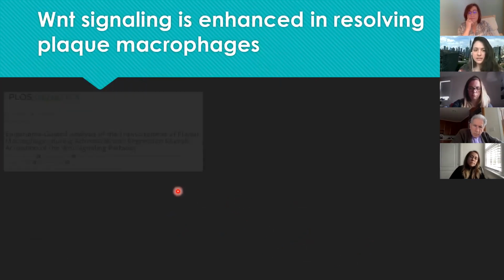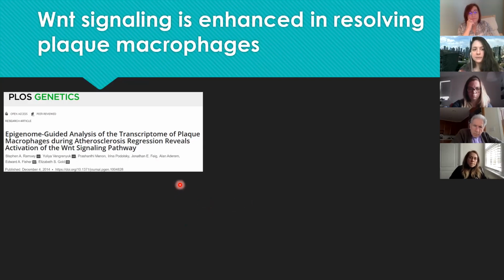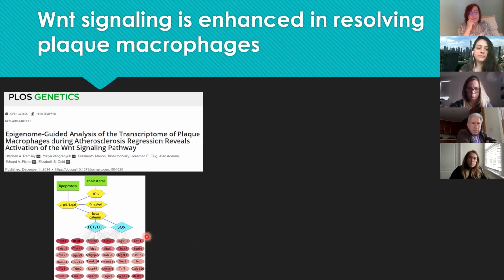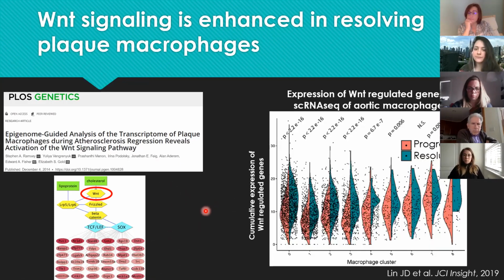Why Wnt? So before I joined the lab, the Fisher lab had this paper showing that macrophages from resolving plaques have an increase of the expression of these genes that are all regulated by canonical Wnt signaling. We also went back to a recently published data set from aortic macrophages in progressing and resolving plaques from our lab published last year.